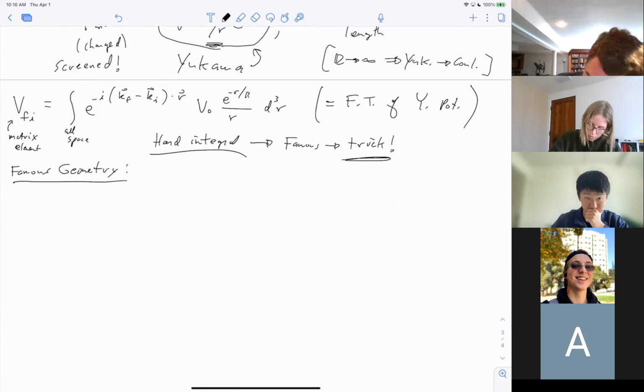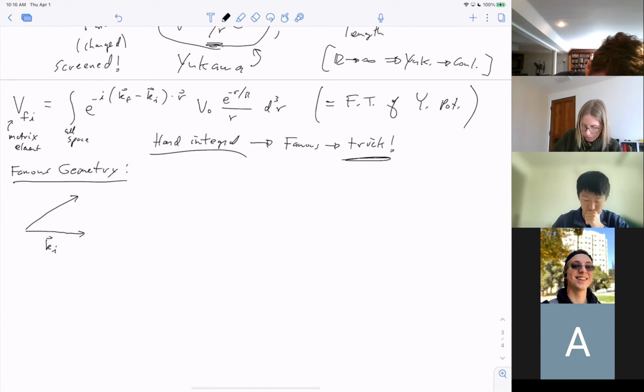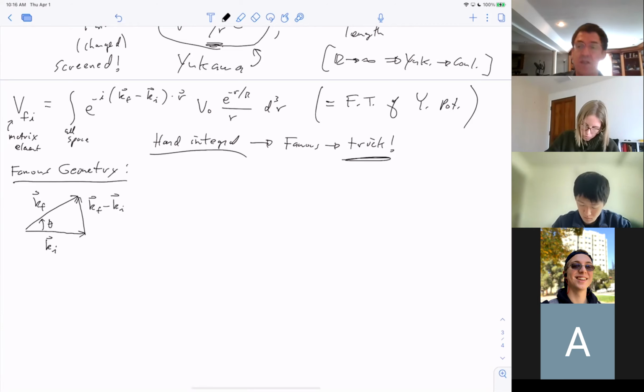We have the initial momentum, and then the final momentum, and then the angle between them, which is the scattering angle. Then I connect these, and that is my transferred momentum, k final minus k initial. I think this can kind of make sense.